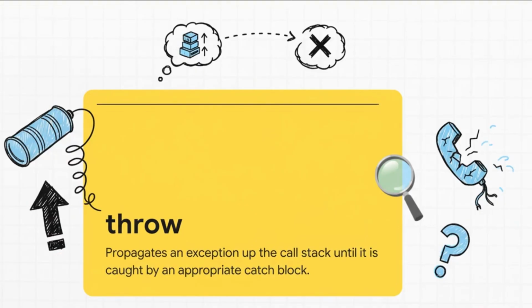So what's it actually do? Well, simply put, throw sends an exception up what's known as the call stack. And you can just picture the call stack as a chain of command in your code. The throw statement passes the responsibility, along with all the critical details, to another piece of code that's been specifically set up to handle it.